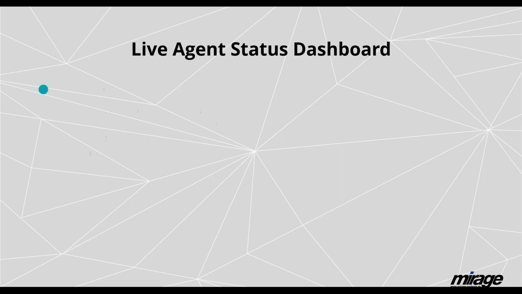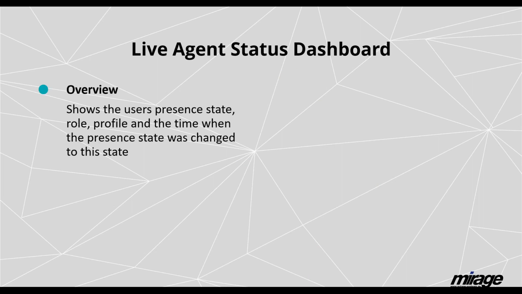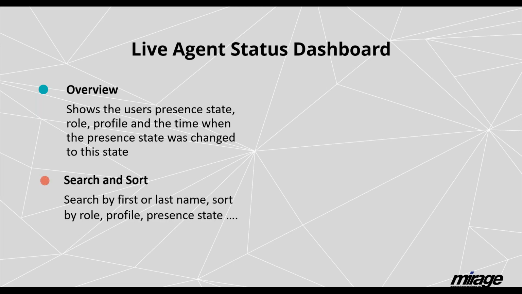Okay, then let's take a look at the live agent status dashboard. As a summary, it shows the present state of the users, also the role, the profile, and the time when the present state was changed. So basically with one tool you have a complete overview: what are your users doing at the moment? Then you have the option to search and sort the users.